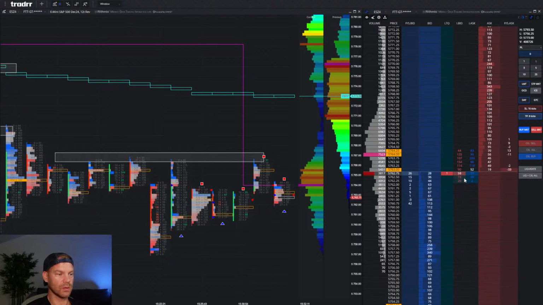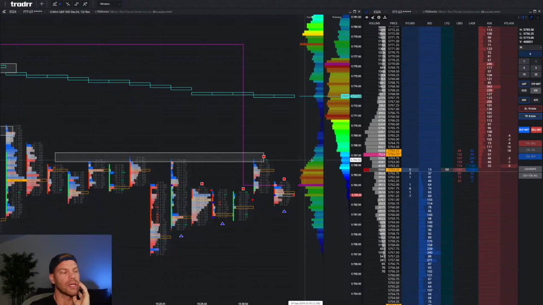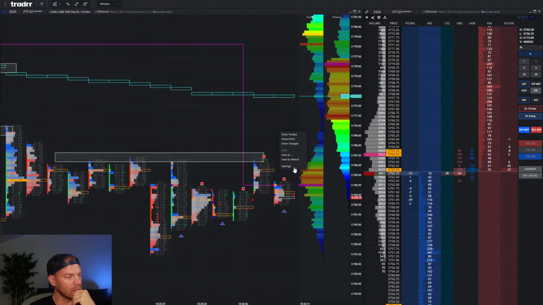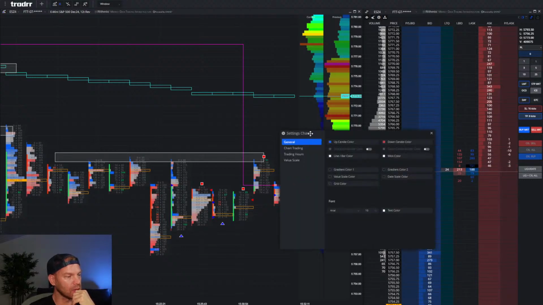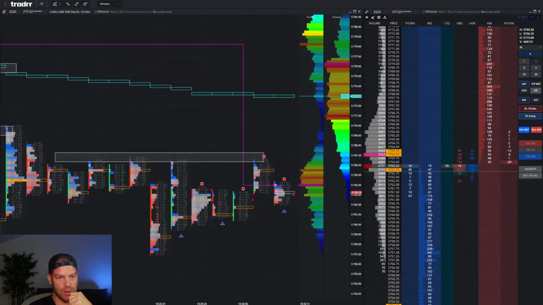But the thing is, I just expect them to run some stops above here, right? But yeah, maybe not gonna do that. So it's still kind of negative for us. Still down. Make this a little bit better.